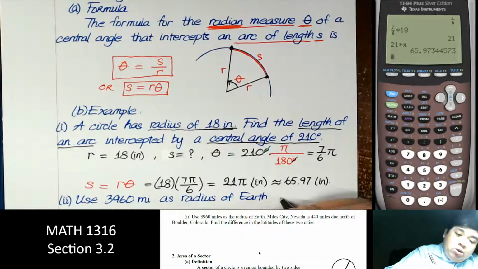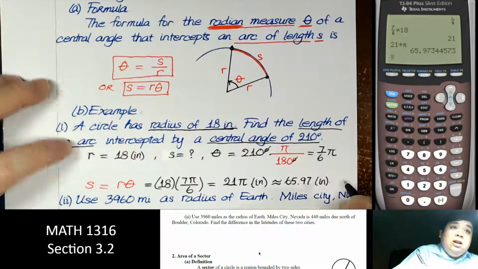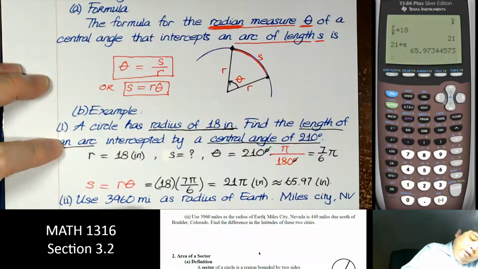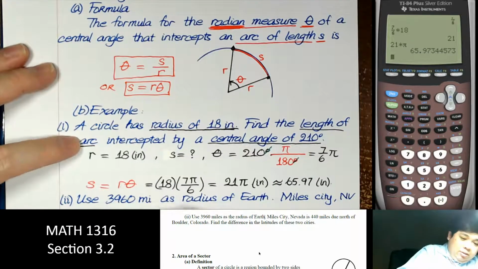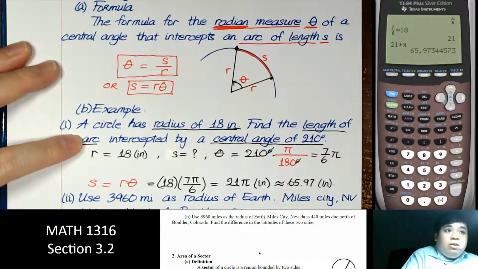And we have two cities. A city in Nevada is 440 miles north of Boulder, Colorado. Find the difference in latitude.